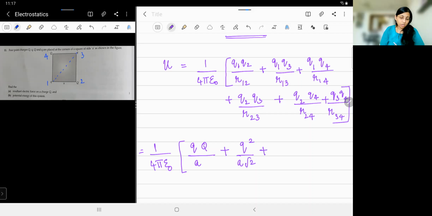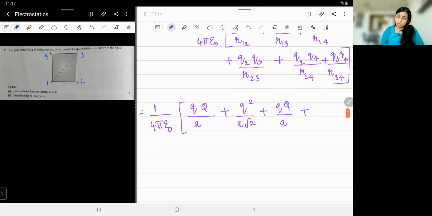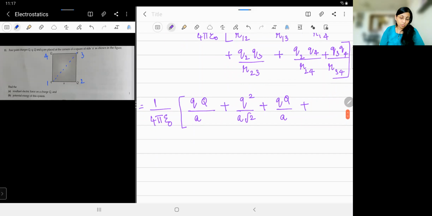Plus the next combination, Q1 Q4, 1 and 4, so qQ divided by the distance A. Plus the next combination, Q2 Q3. Q2 is capital Q, Q3 is small q, divided by the distance A. Plus the next combination, Q2 and Q4.